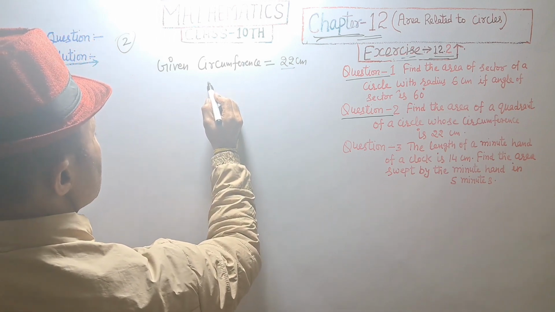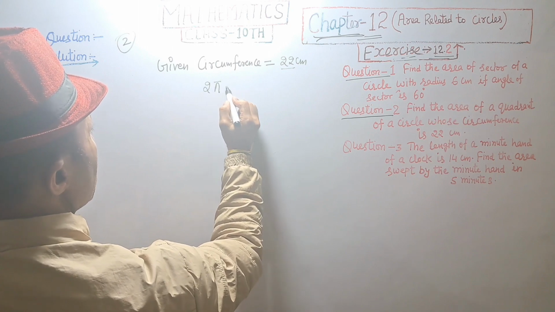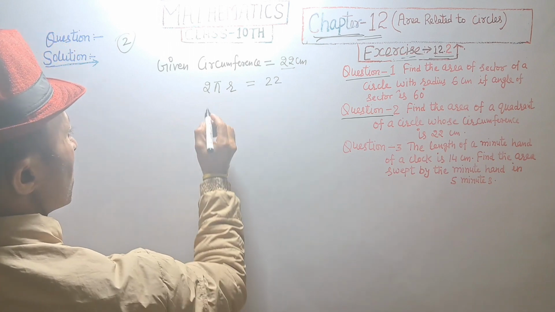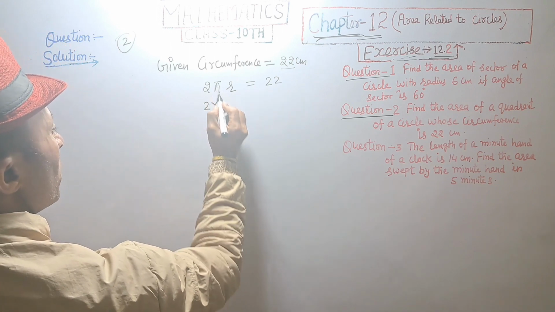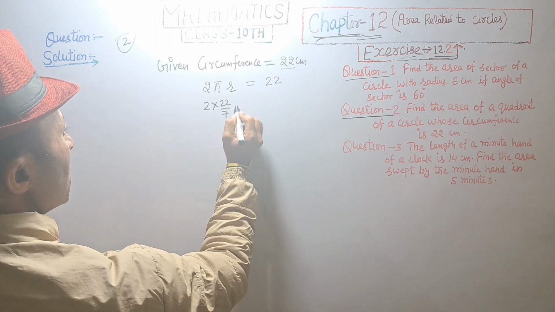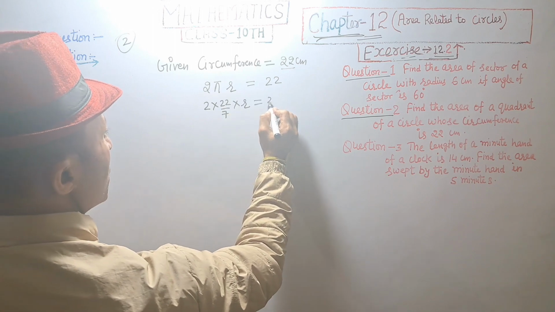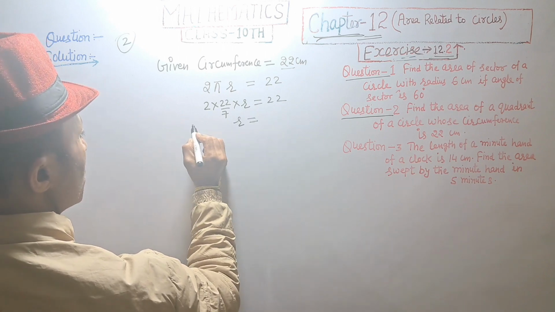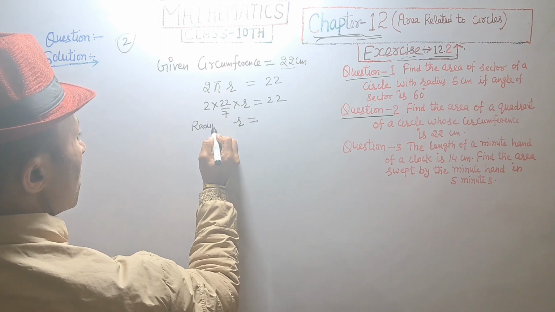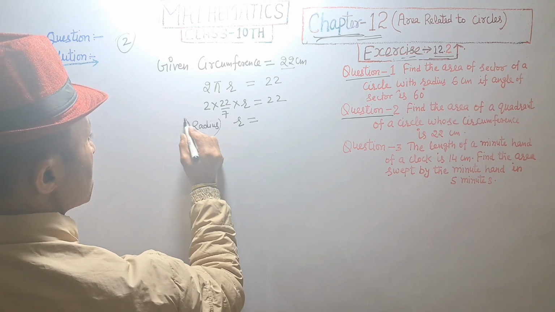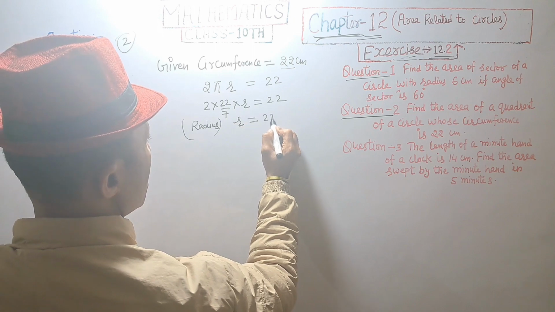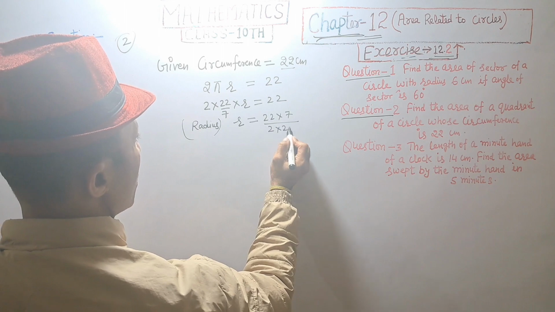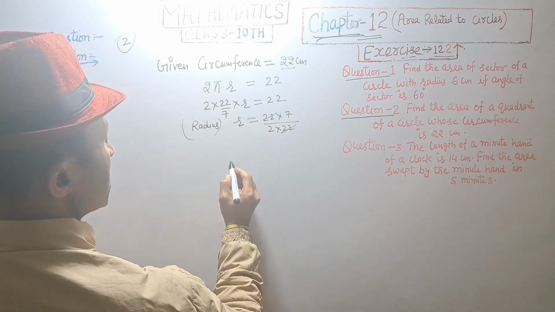Circumference of circle is 2 pi r, that is equal to 22. 2 into pi 22 upon 7 into r is equal to 22 and radius r is equal to 22 multiplied by 7 divided by 2 into 22. 22 is cancelled.